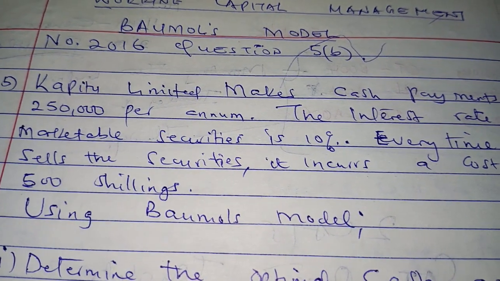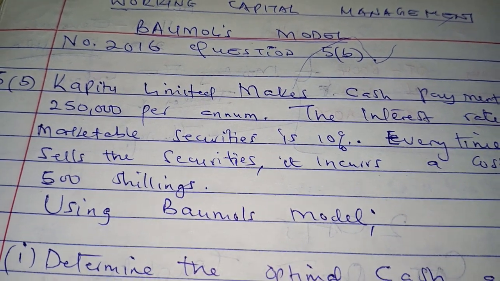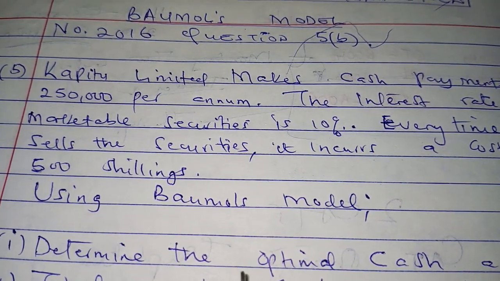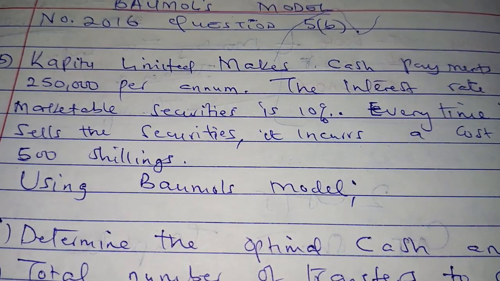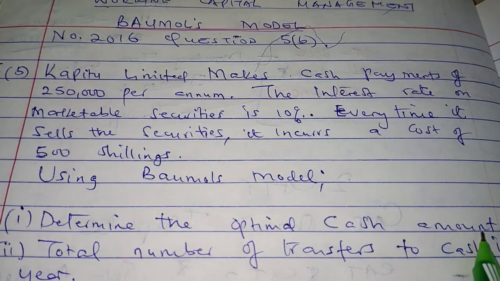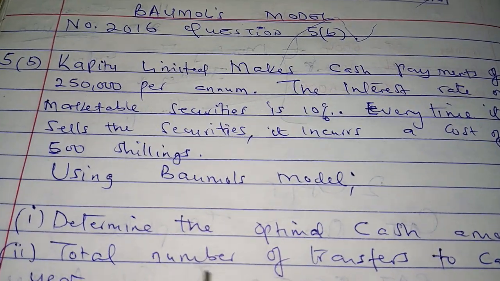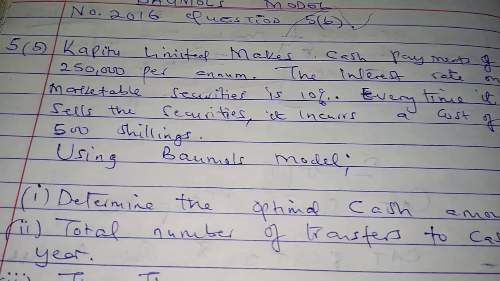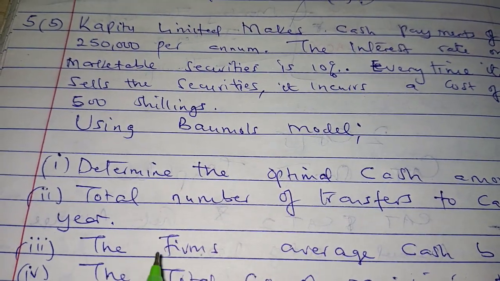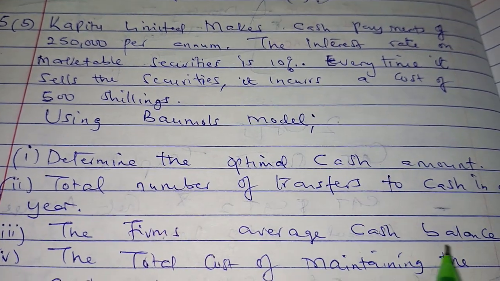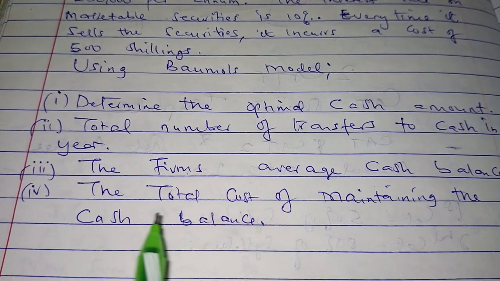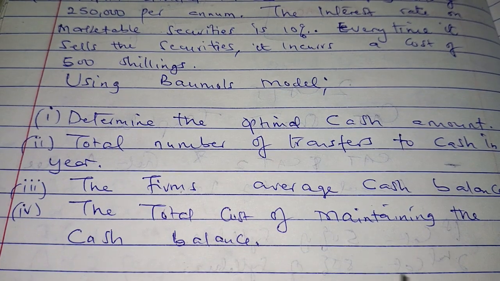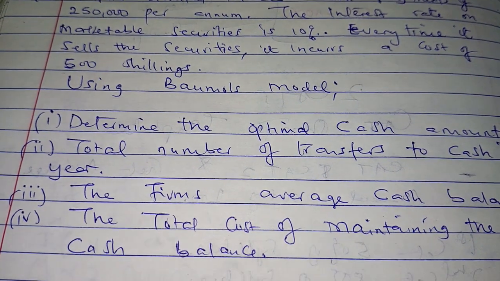Using Baumol's model: 1. Determine the optimal cash amount. 2. The total number of transfers to cash in a year. 3. The firm's average cash balance. And 4. The total cost of maintaining the cash balance.